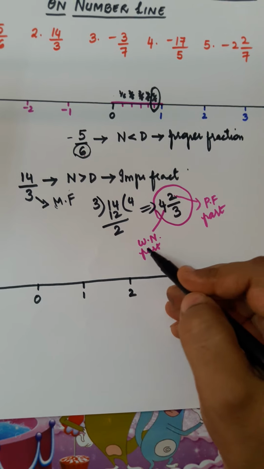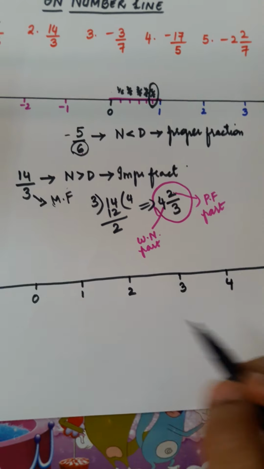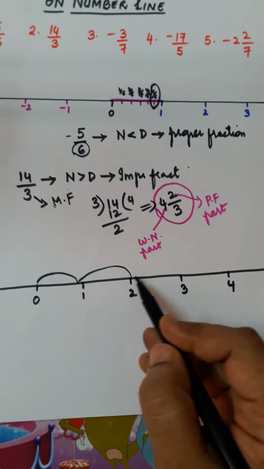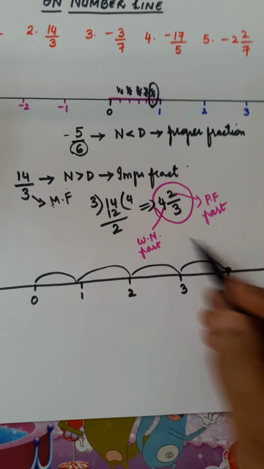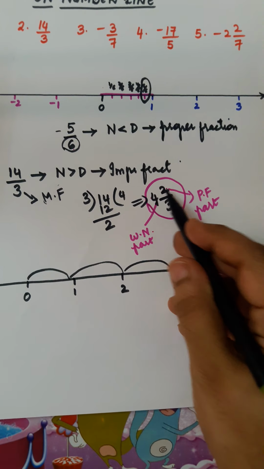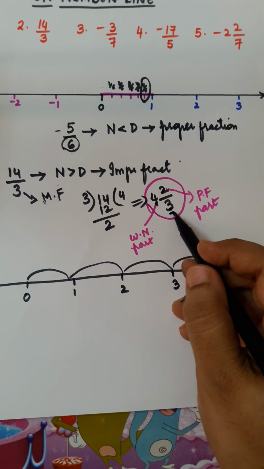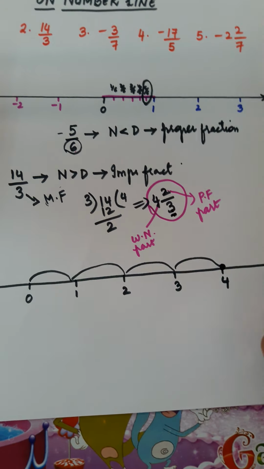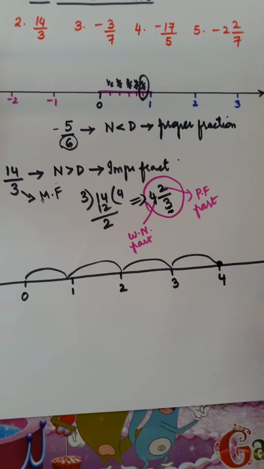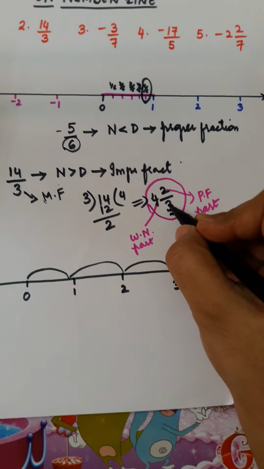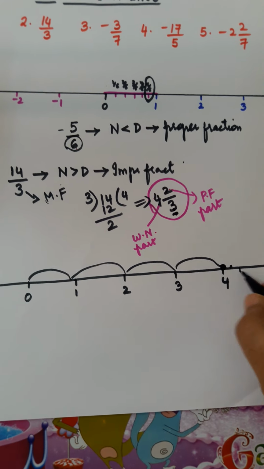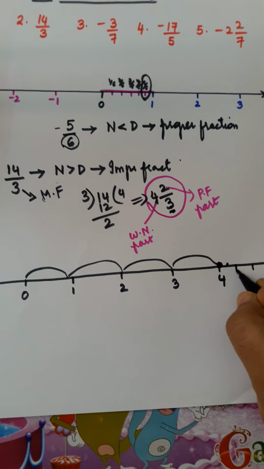4 is nothing but the whole number part. That means complete 4. 1, 2, 3, 4, complete till here. After 4, you have to check 2 by 3. 2 by 3 means in the denominator again 3 is there. So from 4 to 5, you just divide this segment into 3 parts. 1, 2, 3, 3 parts you have divided.